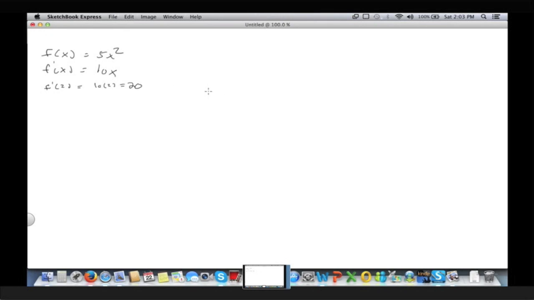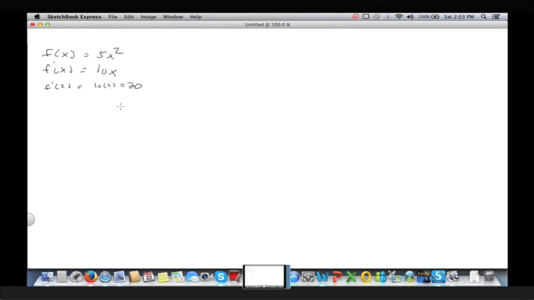Okay. Good. Now, how would you interpret that answer? As x increases from 2 to 3, the function increases by about 20. Good. Or if the function starts at 2 and then increases by 1 unit, it'll increase by about 20. Good.